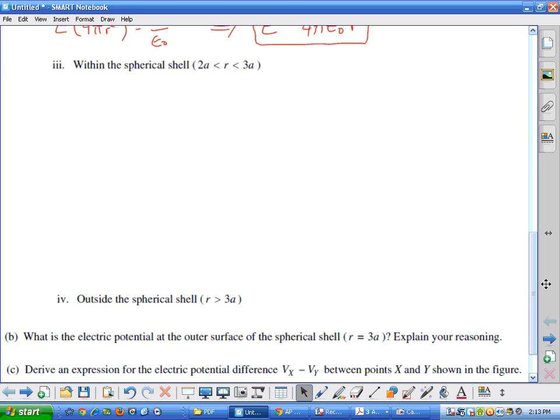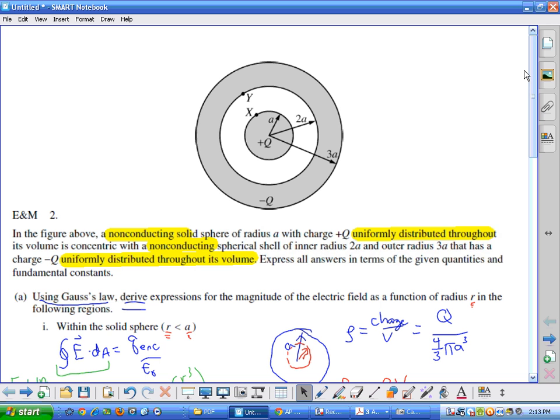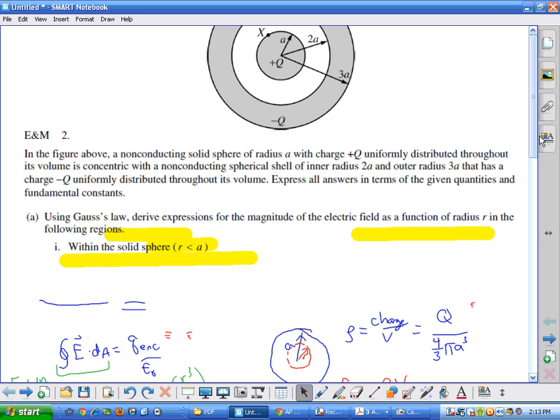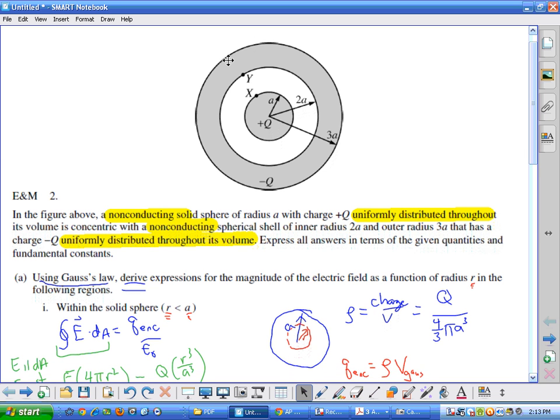For this next part, this part is a little bit trickier because we're looking at the electric field in that gray region. So we need to go through and look at how much charge is enclosed.